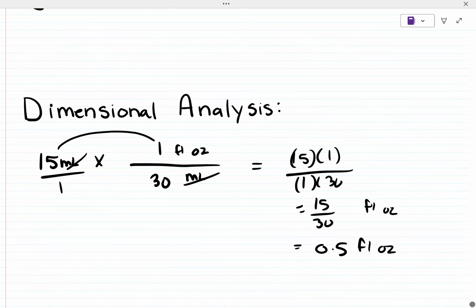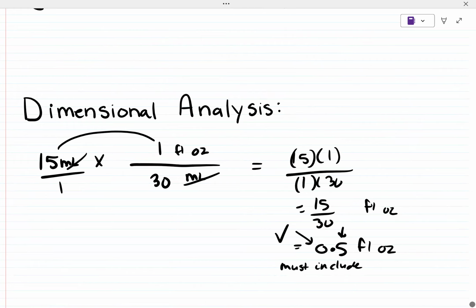Now, the direction says round to the nearest tenths. 5 is technically the tenths place. But do we include this leading zero? Yes, we do. If you have a decimal, like we did have 0.5, you must include the leading zero. Leading zeros are the zeros on the front, and trailing zeros are the zeros on the end.